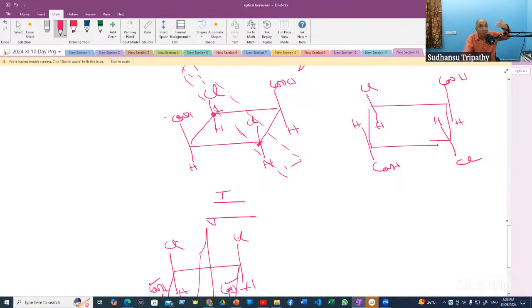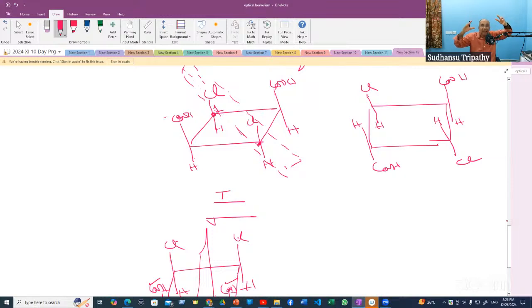The more the number of symmetry elements, because in group theory we will count the total number of symmetry elements: PS, how many PS, and axis of symmetry, how many? There are so many types of axis of symmetry: C2 axis, C3 axis, C4 axis. I will explain.